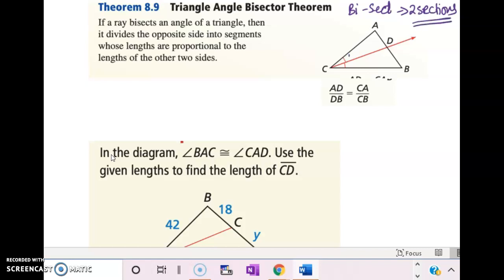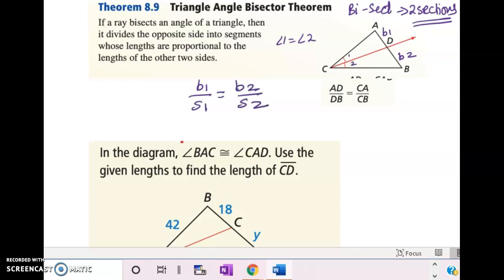So I can say angles 1 and 2 are equal. Then it divides the opposite side into segments whose lengths are proportional to the lengths of the other 2 sides. What does that mean? I would consider this as base 1 and base 2. So this is nothing but base 1 over side 1 is equal to base 2 over side 2. Side 1, side 2.